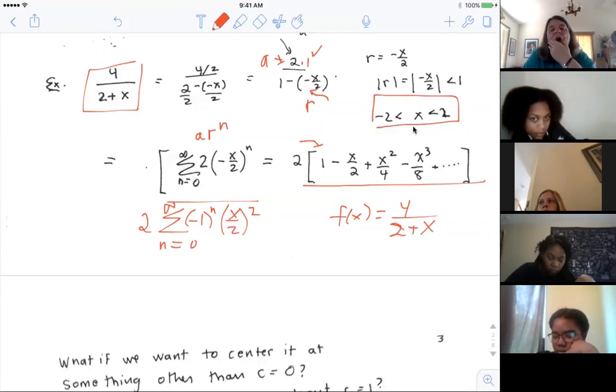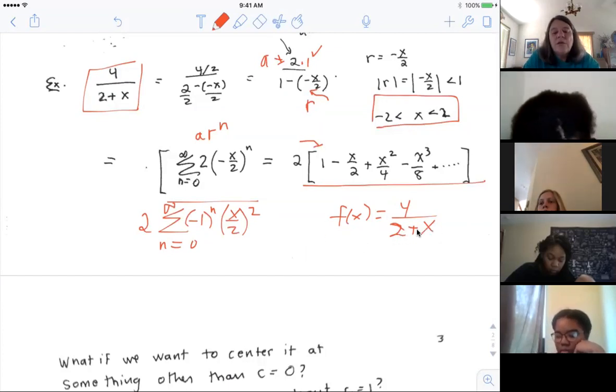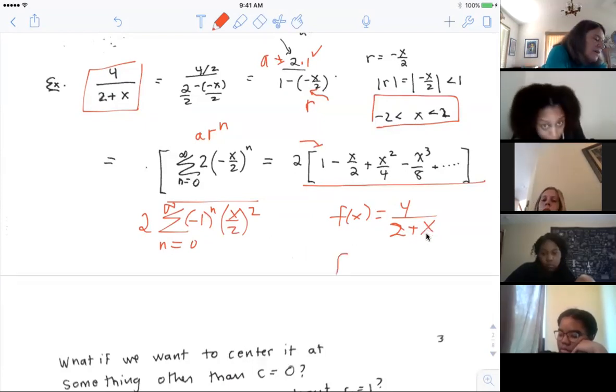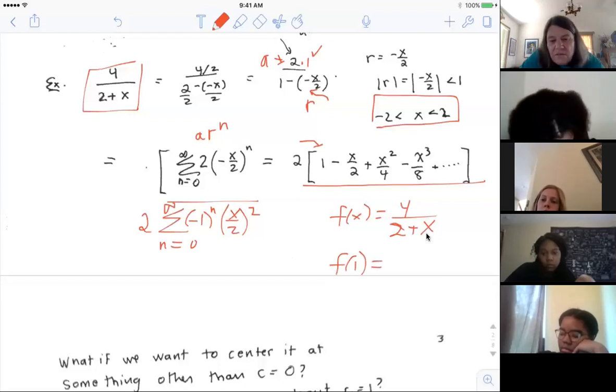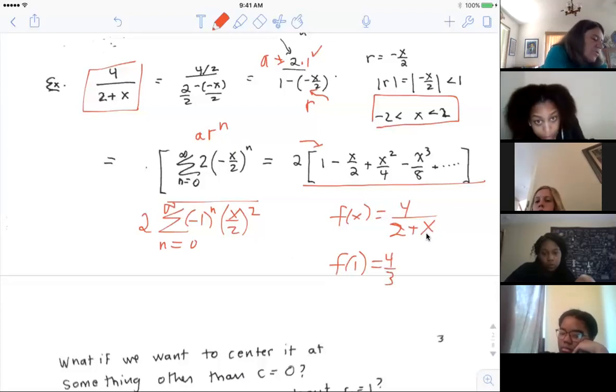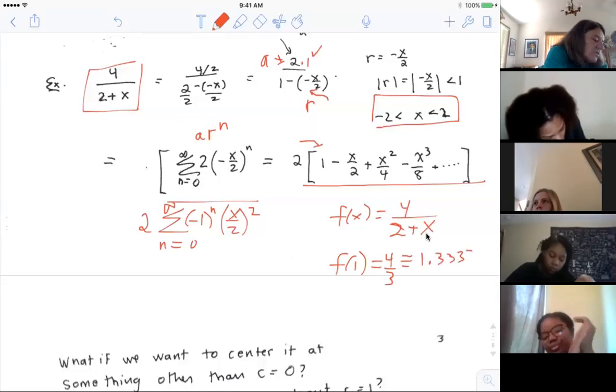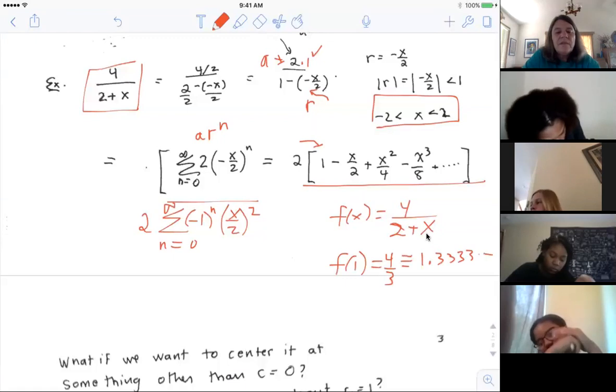Let's pick a number here. Let's pick 1. What's f of 1 here, guys? Tell me what f of 1 is. 4/3. 4/3 is 1 1/3, which is 1.3333, and so on. Okay?